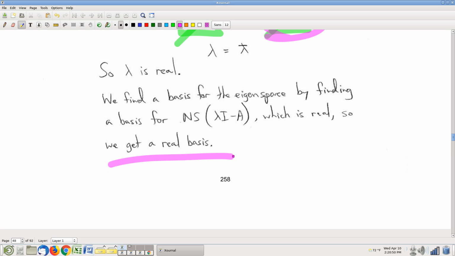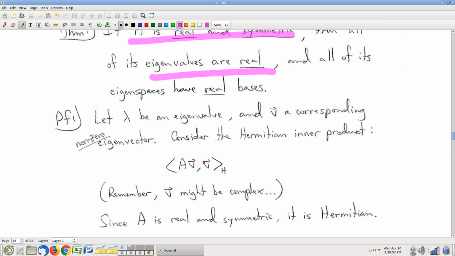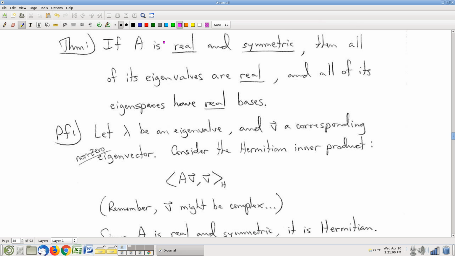But the point is you don't have to. You can find all real eigenvectors. Okay. Shockingly powerful result. I mean, can you imagine how brutal this would be in a chapter 5 context? Hermitian dot products make it easy.